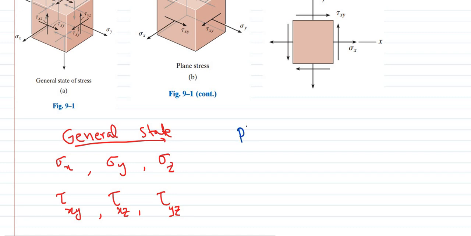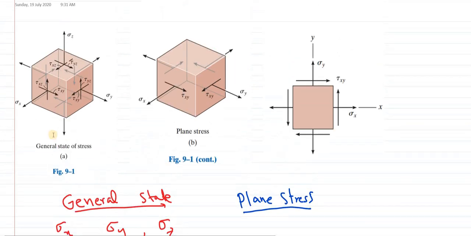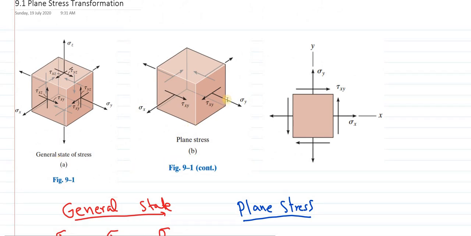In case of plane stress, if we assume that the stresses acting are in, for example, the xy plane, and this is the x-axis and this is the y-axis, then the plane containing all these vectors would be the xy plane. Z is in the upward or downward direction.